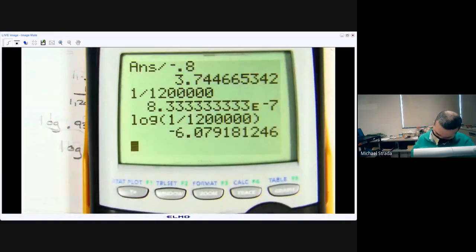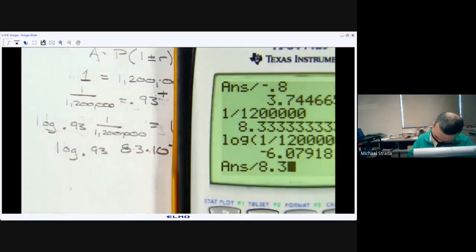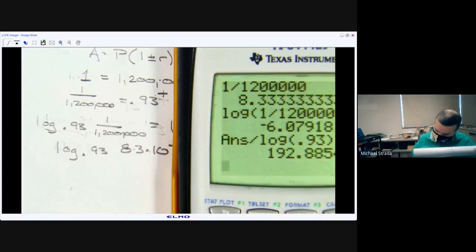It'll give me that number. I divide that by the log of 0.93, and I get 192 years. So don't make it equal to 0, make it equal to 1 to avoid that situation.